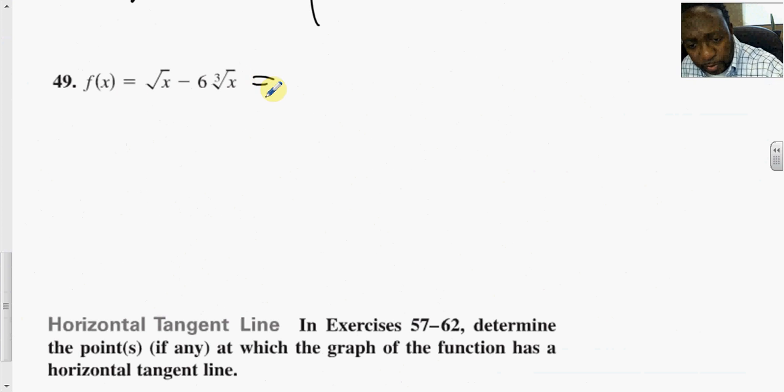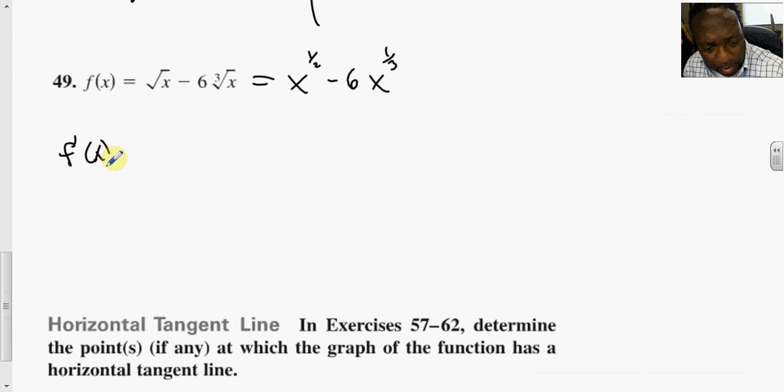Find this derivative, but we're going to rewrite this as x to the 1/2 power minus 6 times x to the 1/3 power. Take the derivative now. F prime of x is equal to 1/2 times x to the 1/2 minus 1. That's negative 1/2. Sorry, I got that 1/3 in my head, working that in my head and doing this at the same time.